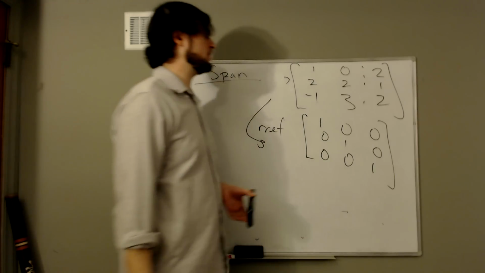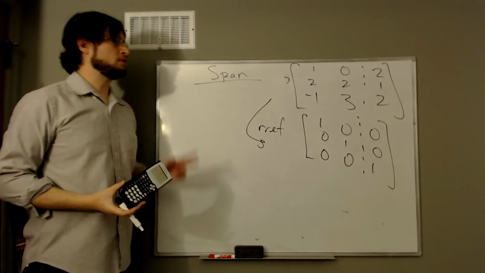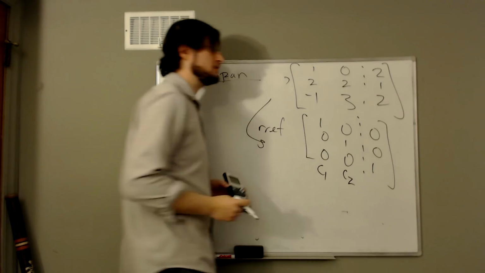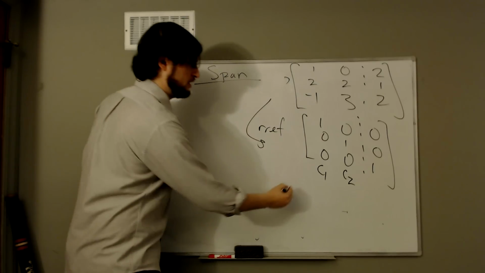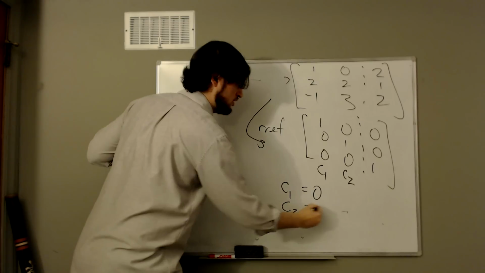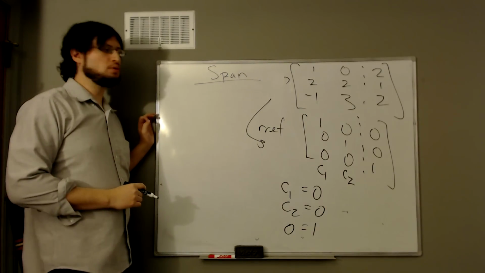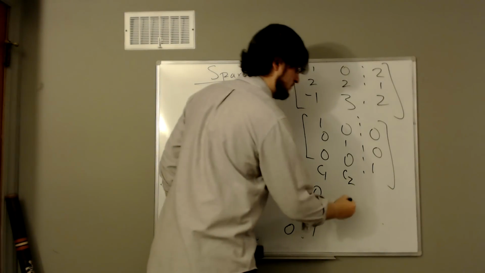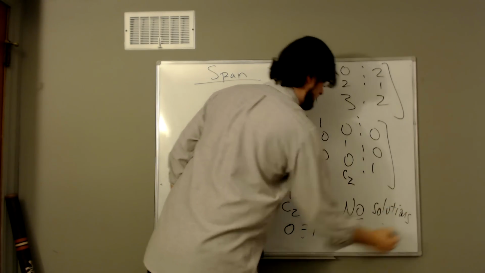Some things get a little tricky here, but remember that there were two variables here, C1, C2, and the constants, which means if we return this to a system of equations, it becomes C1 is 0, that's the top, C2 is 0, and the third line reads 0 equals 1. But 0 equals 1 means that there are no solutions. We have an inconsistent system.